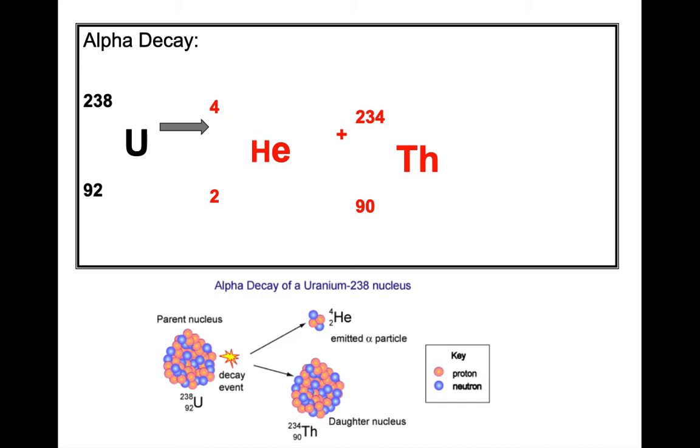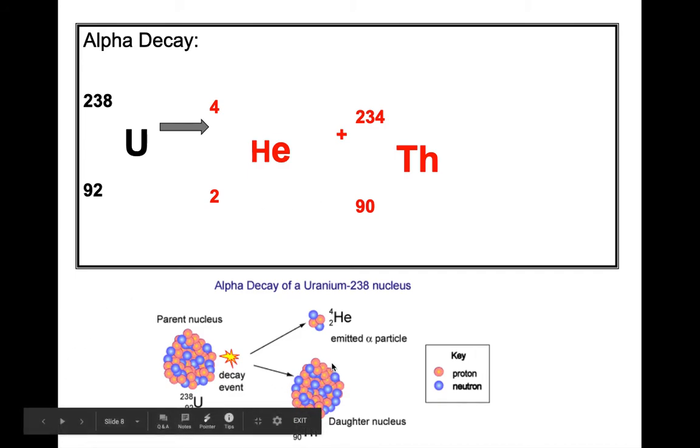This is a new element. It has transmutated. And now it's thorium. Thorium has an atomic number of 90. So you see another illustration of that. It's a little more visual here. We have our uranium-238.